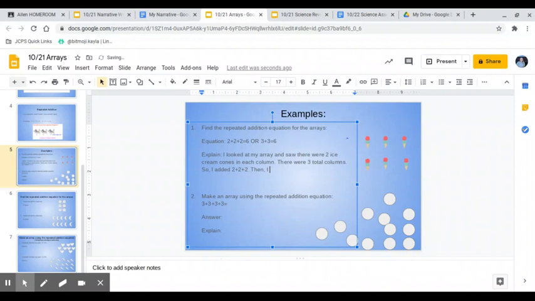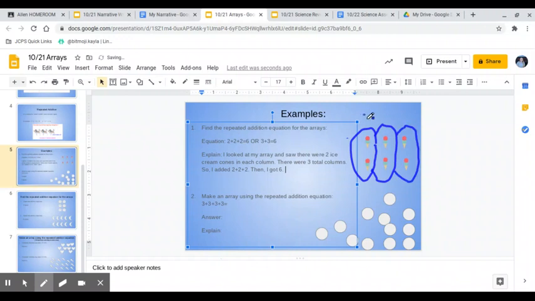Then I got 6. So the 2 plus 2 plus 2, remember I said you could do it either way, but I got that by looking over here and seeing my columns. So 1 column, 2 column, 3 columns.